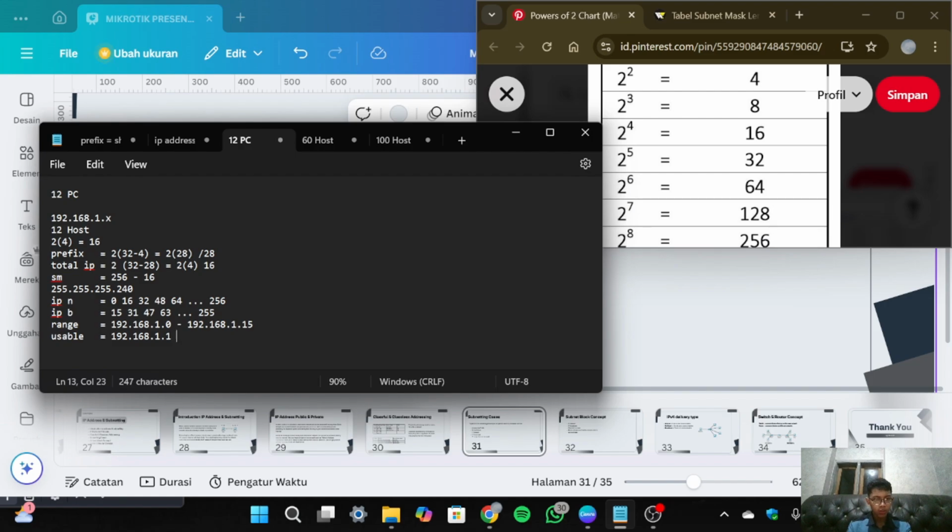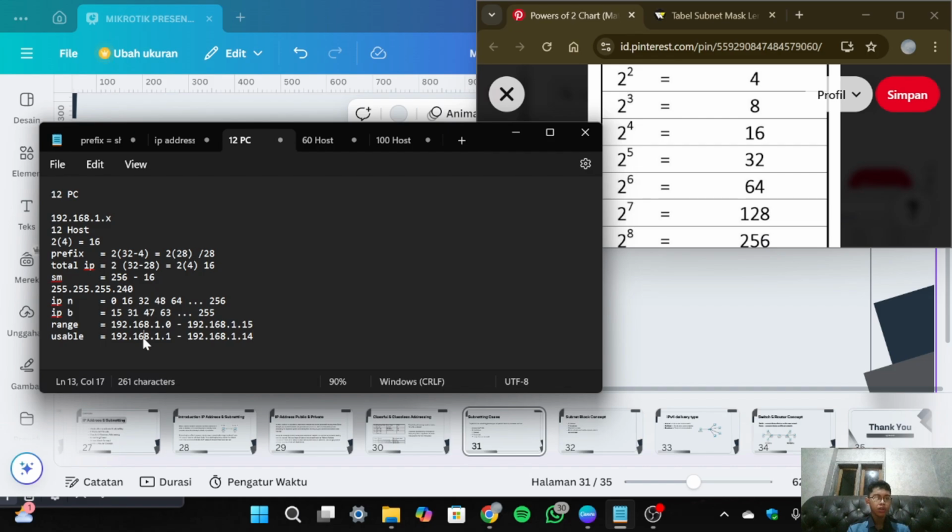So it will be 192.168.1.1 until the last octet is 14, because you must subtract one from the last octet in this case.